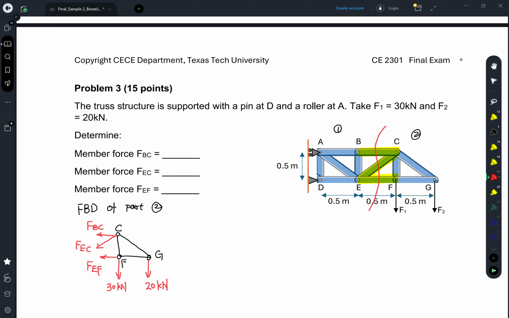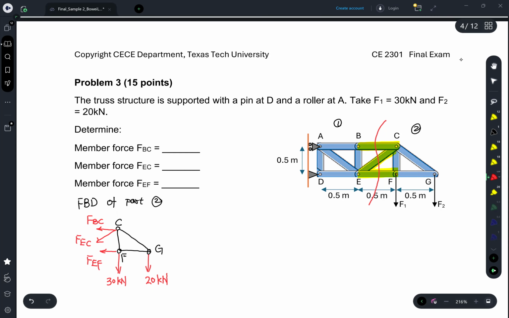This is the free body diagram of part two. Part two does not involve any supports, so it is not necessary to solve the unknown support forces. That is the reason why we choose to go with part two here.